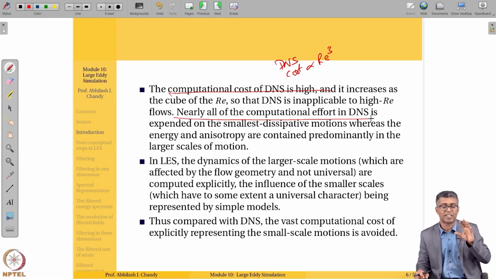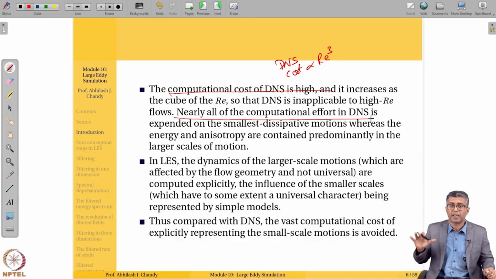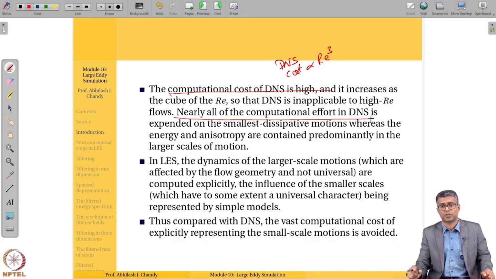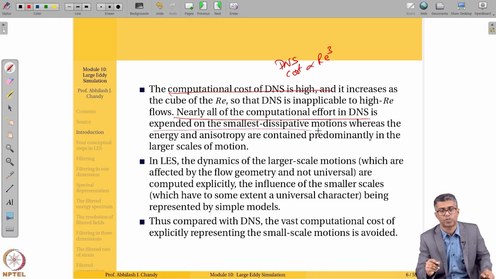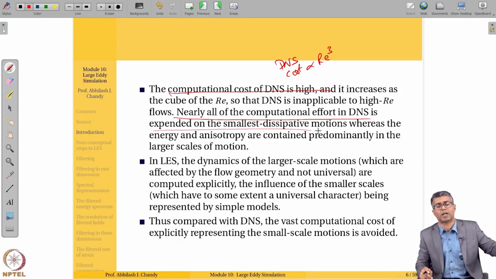This is why I brought up the 90-10 rule, where you're spending 90% of your computational effort on resolving 10% of the motions, in your dissipative range. Whereas energy and anisotropy are contained predominantly in the large scales.